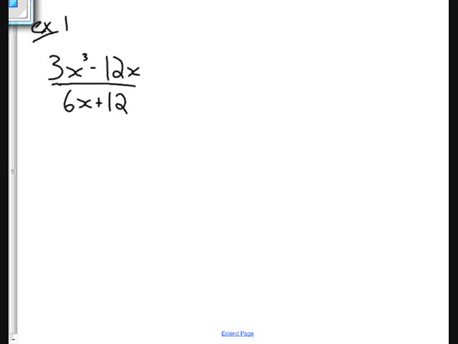Alright, so our first example is 3x cubed minus 12x all over 6x plus 12. Already here, we want to factor, so we take out a 3x on top. What are we left with?